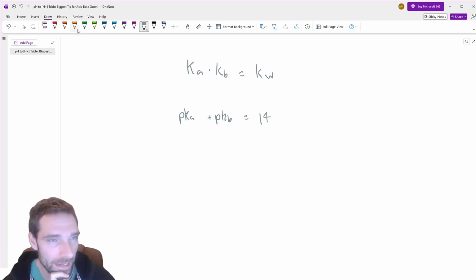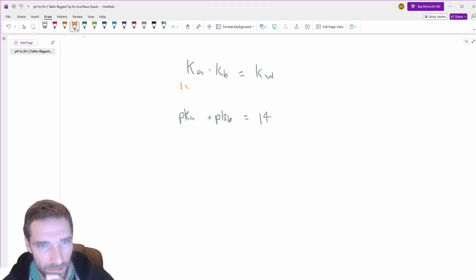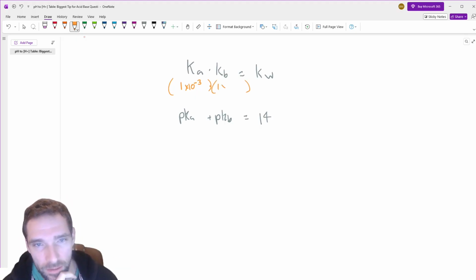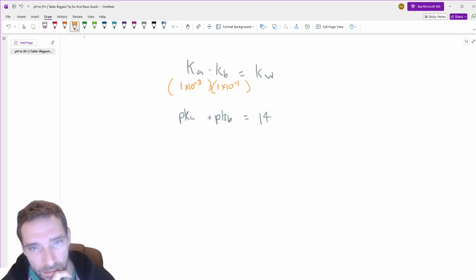So if I had an acid that had a Ka of 1 times 10 to the negative 3, then the Kb value that goes with that, the strength of the conjugate base, would be 1 times 10 to the negative 11.